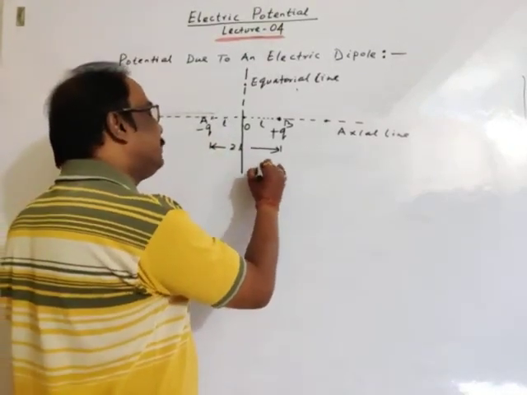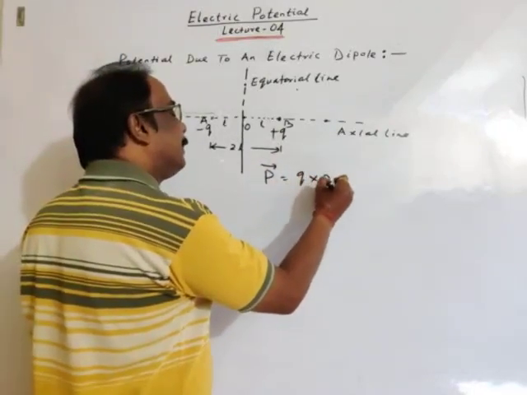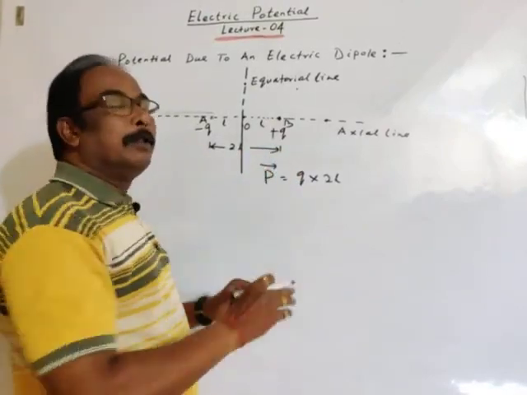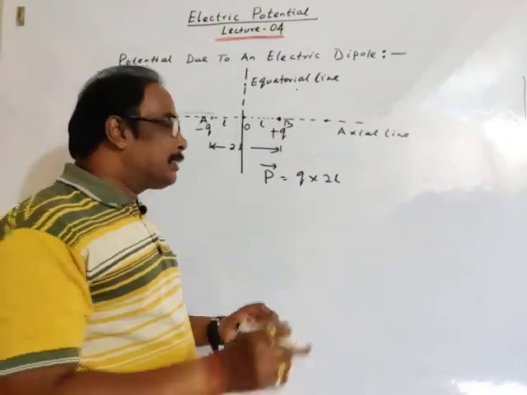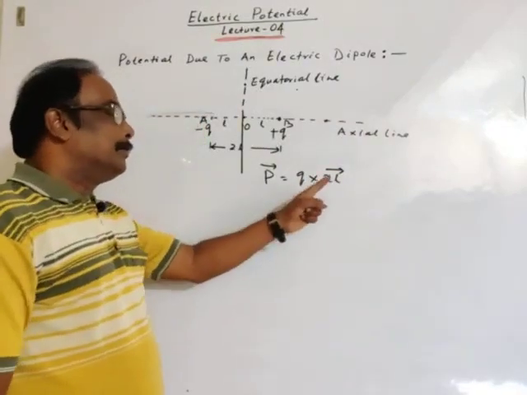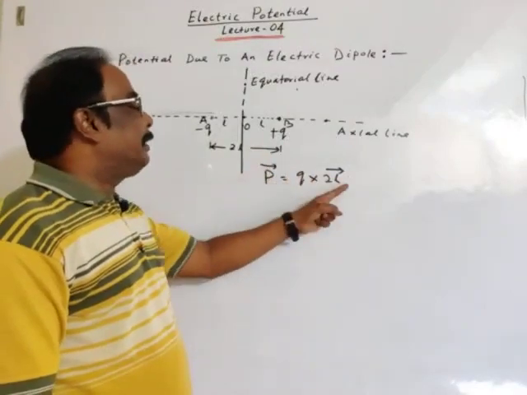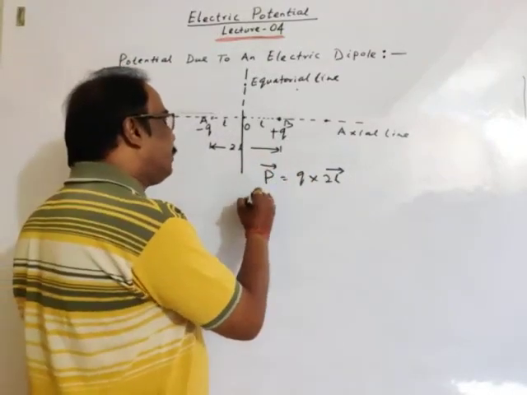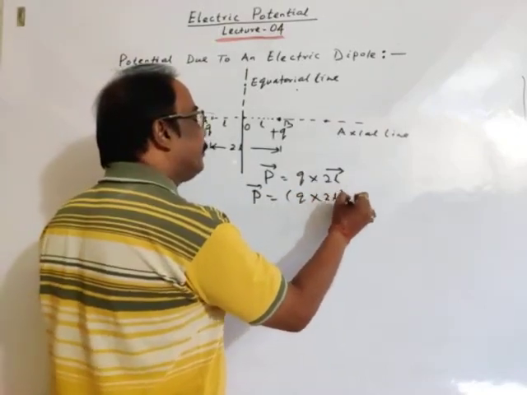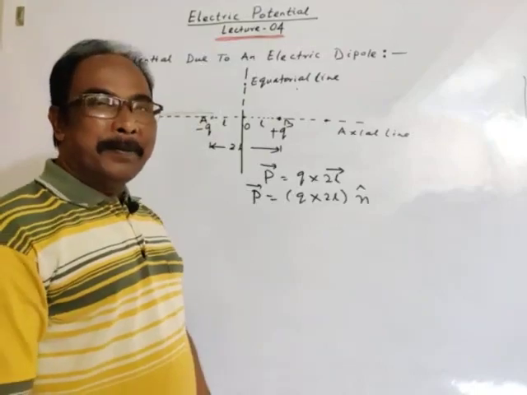Electric dipole moment is the product of the magnitude of one of the charges and the distance between the two equal and opposite charges. Electric dipole moment is a vector quantity. We may take it as 2L vector, or express it as Q into 2L into a unit vector showing the direction of the dipole moment.